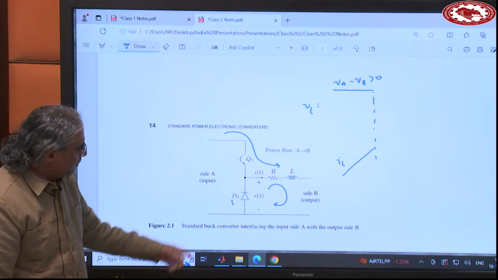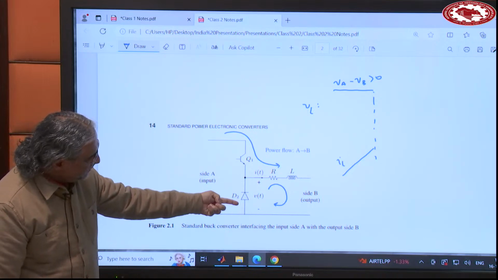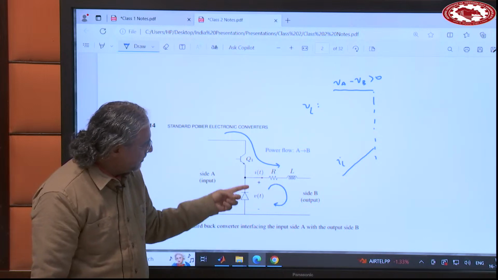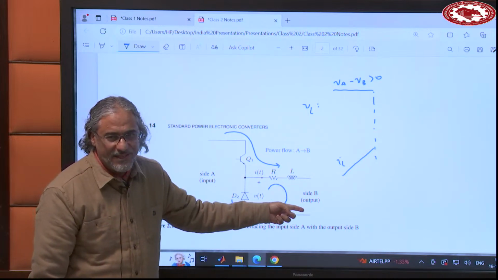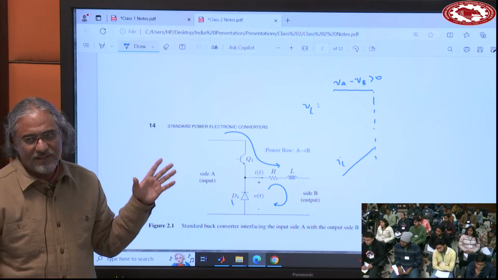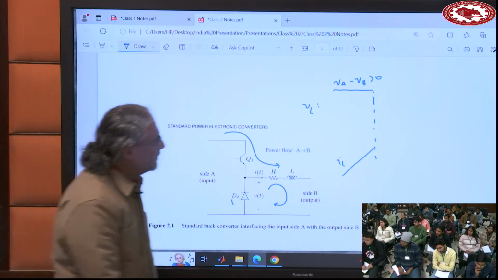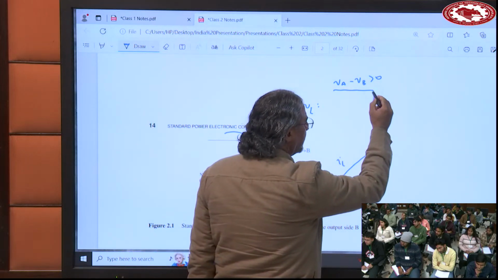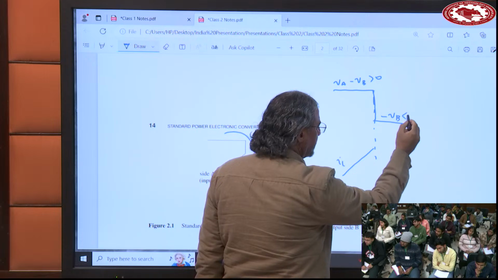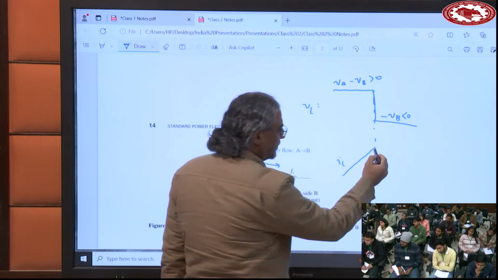So this voltage becomes 0, and this is VB. So the voltage across the inductor becomes 0 minus VB. And if VB is positive, that becomes negative. So the current will go down. So here, you go to negative VB, and this is negative. So the current will go down.